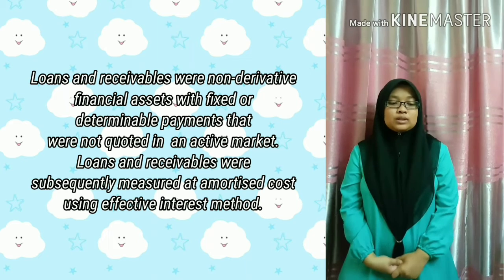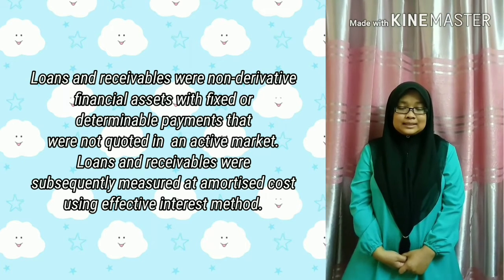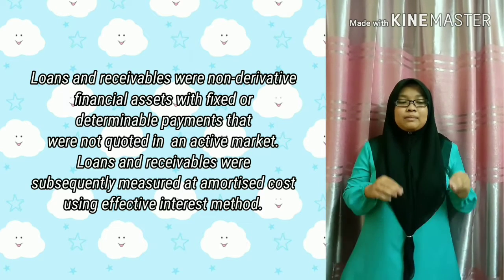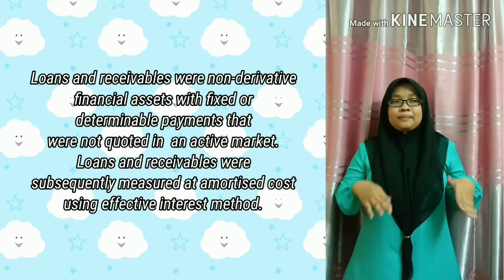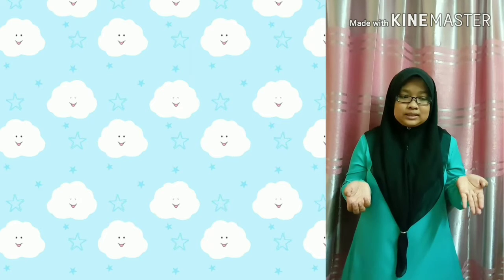Loans and receivables were subsequently measured at amortized cost using the effective interest method. This MSc Plantation Berhad also applies in Negeri Sembilan Oil Palm Berhad. It is the same method that has been used.